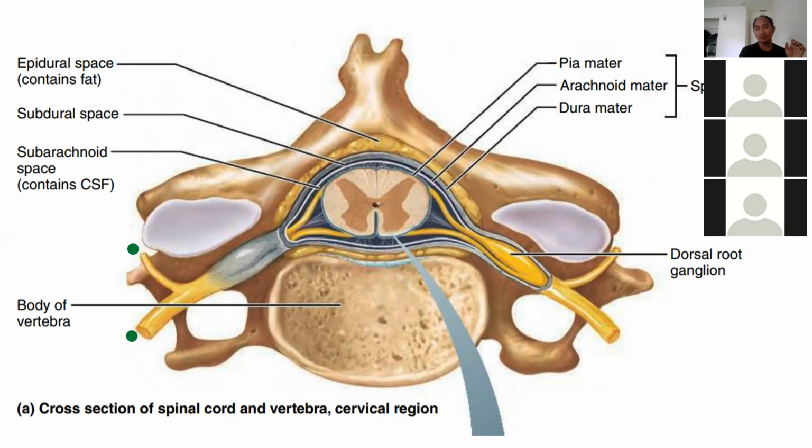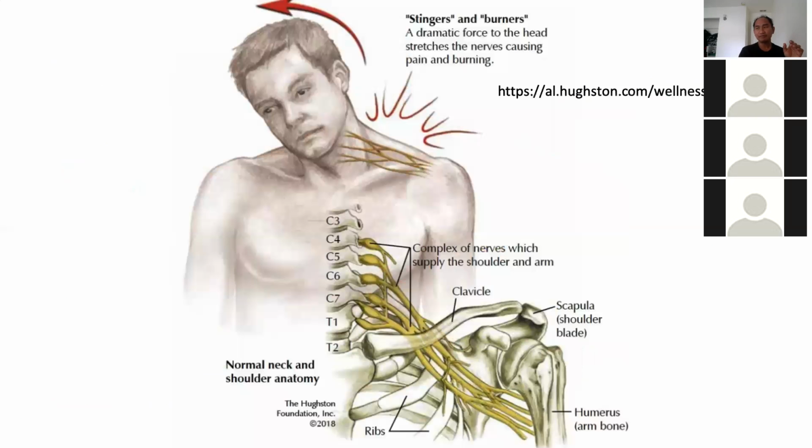All these five anterior or ventral rami march and join and form a plexus, and finally leave and become the individual muscle.